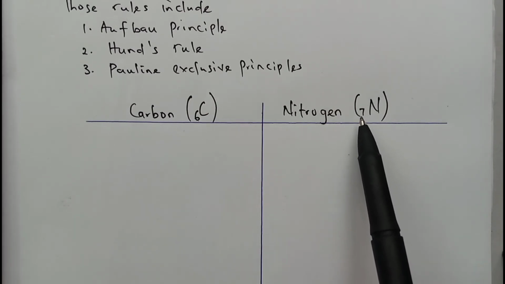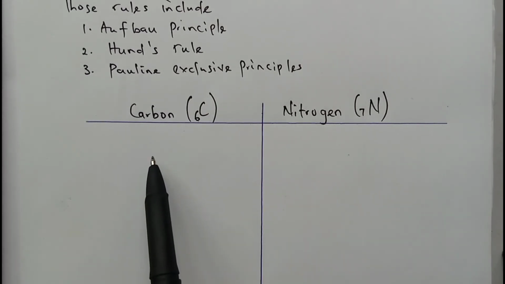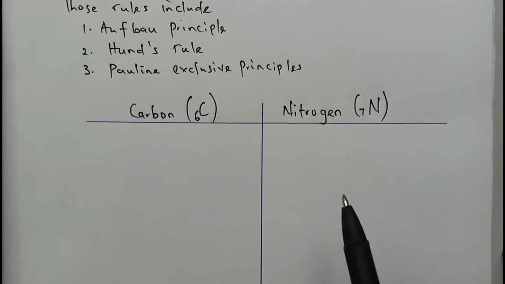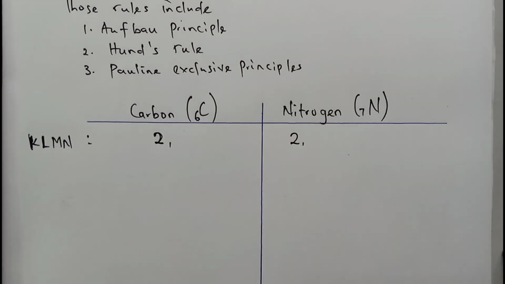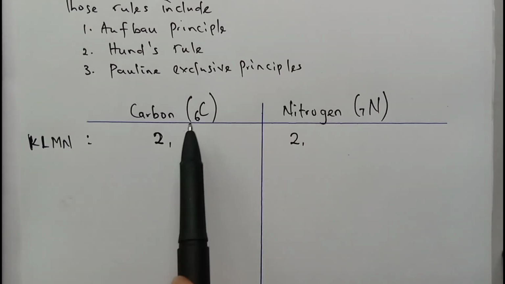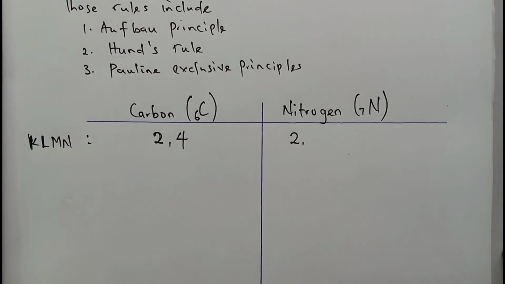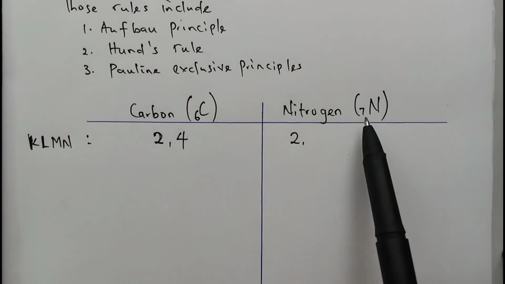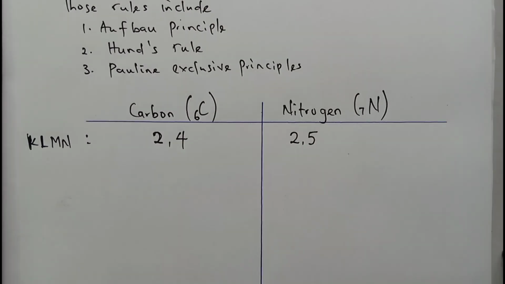Our major focus is on carbon, but it will be good to work alongside nitrogen so that you will understand how to distribute electrons around the nucleus of an atom. So using the KLMN format, that is the shell, the principal quantum number, if I remove 2 from this 6, it will remain 4. If I remove 2 from this 7, it will remain 5.